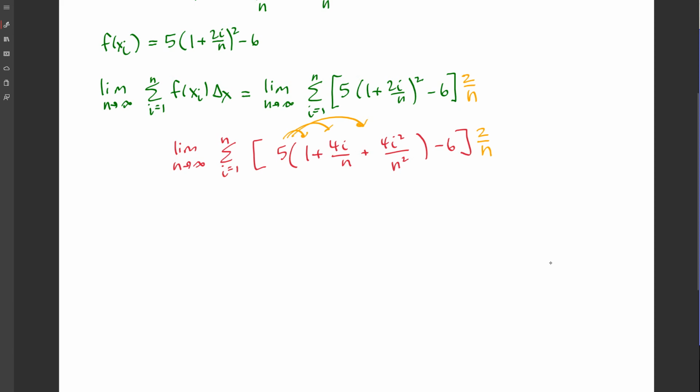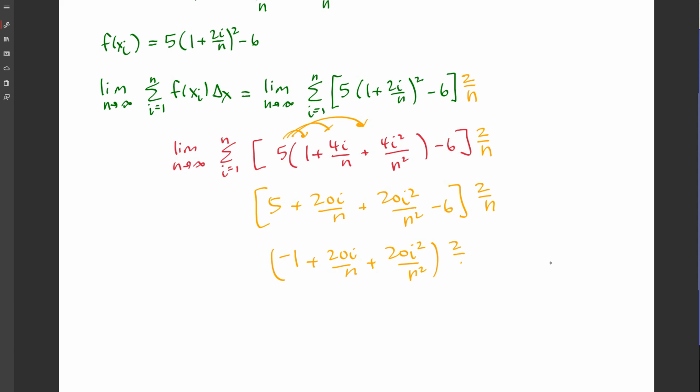Okay, so what I'll get is 5 plus 20i over n plus 20i squared over n squared minus 6. I'm going to multiply all of that by 2 over n. All right, and then 5 minus 6 is actually negative 1. So what I get is negative 1 plus 20i over n plus 20i squared over n squared, quantity times 2 over n.